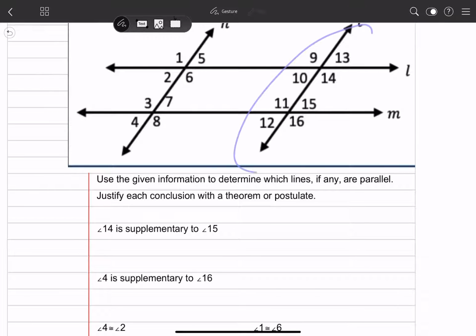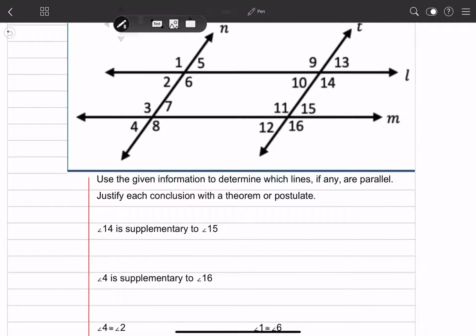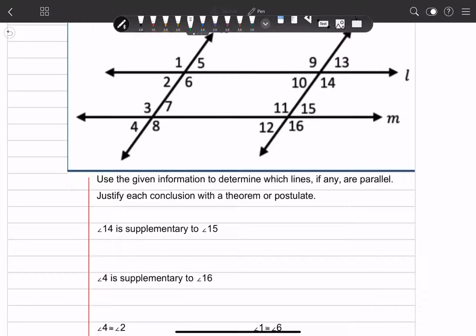Well, if you're looking at this transversal here, and these lines, angle 14 and angle 15 would be same side interior angles. So we would write that our justification for this, or our reasoning, remember those two proof columns, is the converse of the same side interior angles.